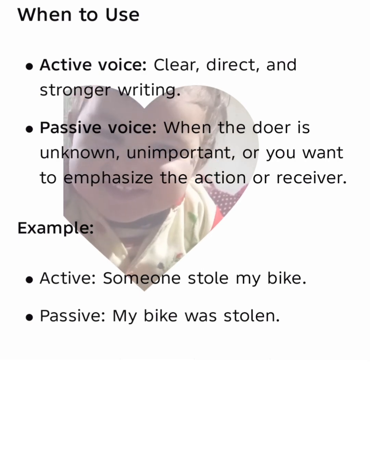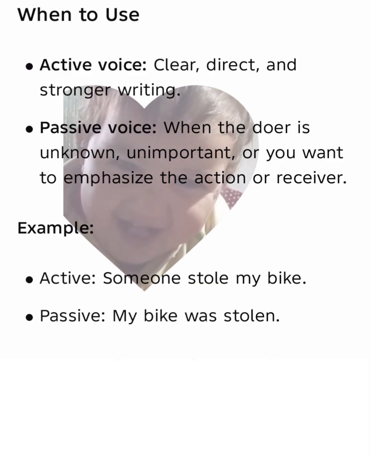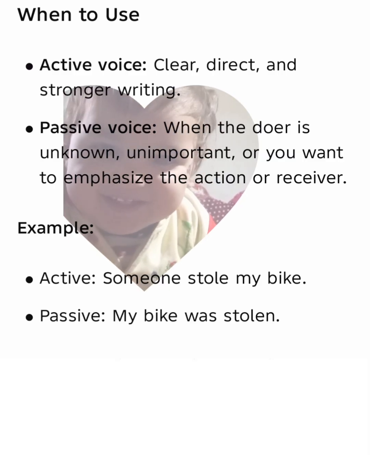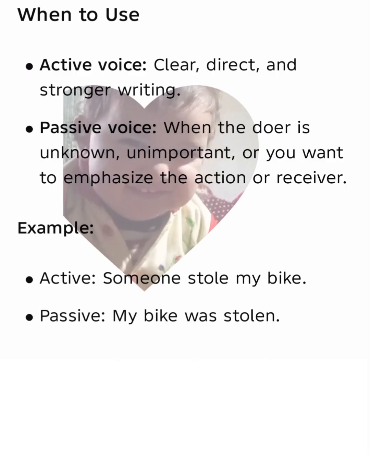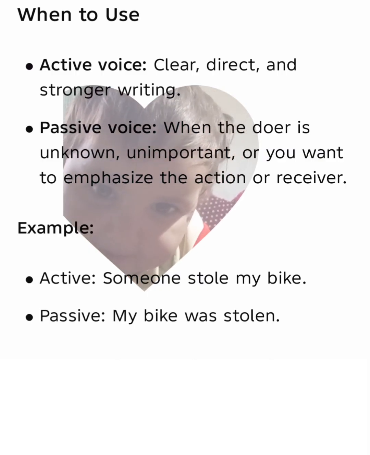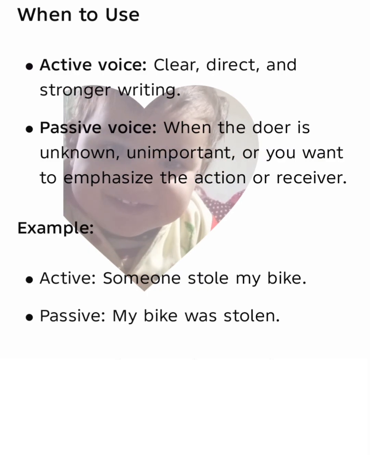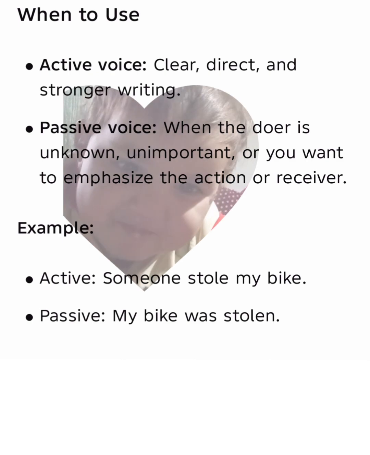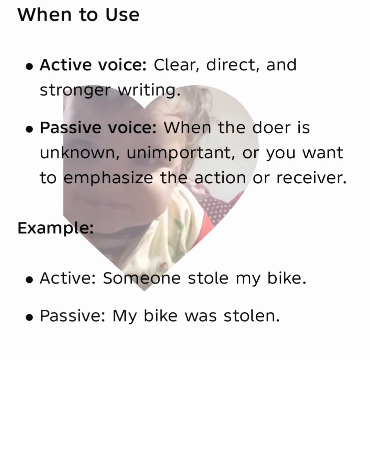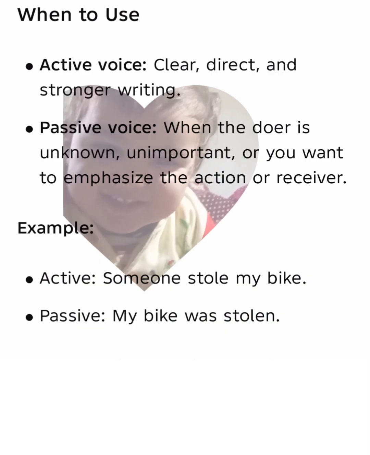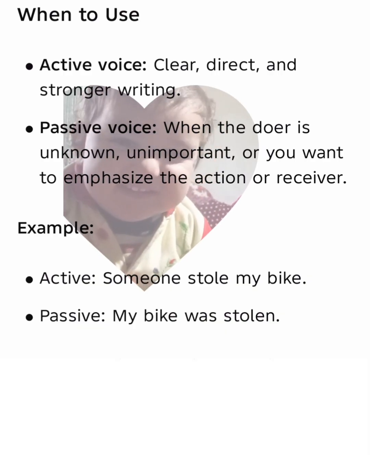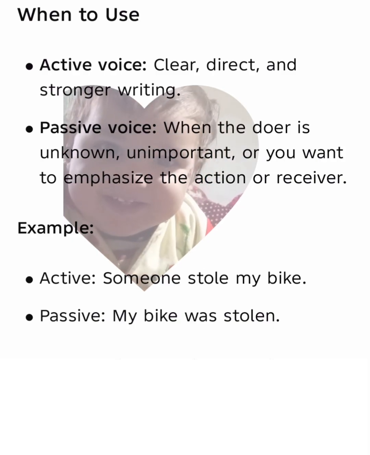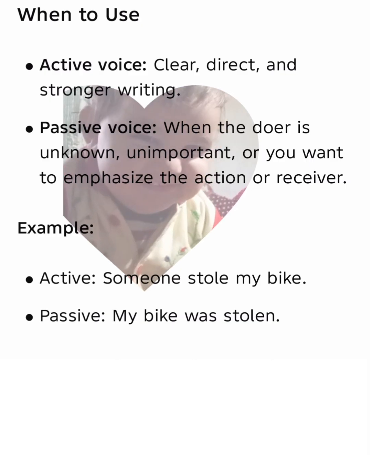Passive voice: we use the passive when the doer of the work is unknown, unimportant, or the subject is not important, or you want to emphasize the action, a receiver, and you should emphasize the object. In that condition you use it.